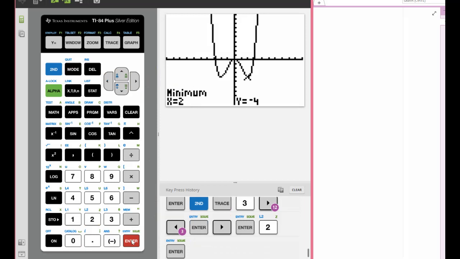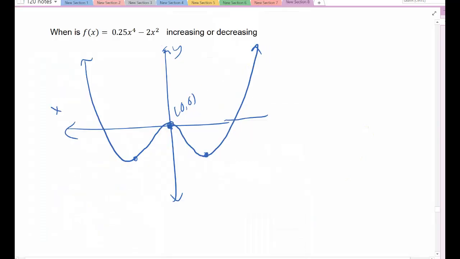It is. The minimum's at 2, -4. It means the other minimum's also at -2, -4. And you could do the same thing on your calculator to verify it is, but I'll leave that for you to do. But this minimum is at 2, -4. This minimum would be at -2, -4. And so the x value is -2, x value 0, and this x value would be +2.